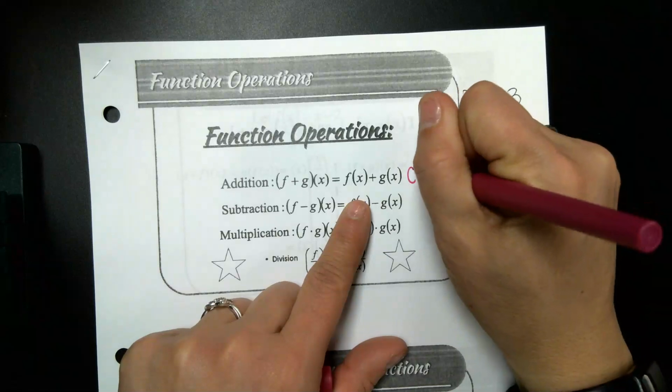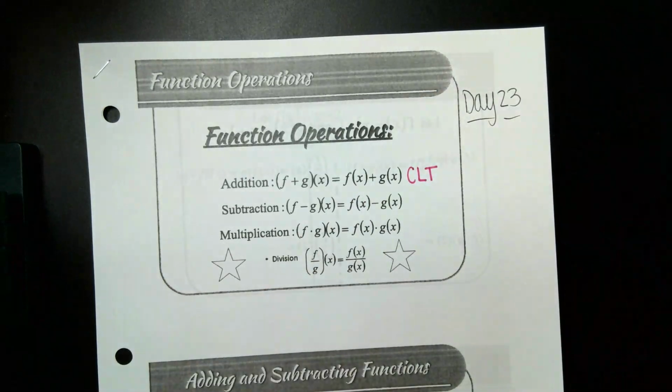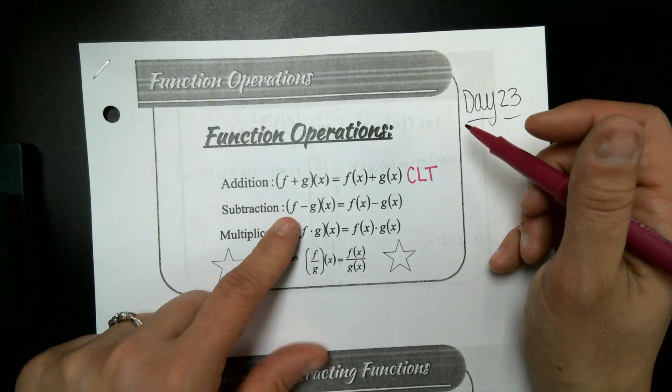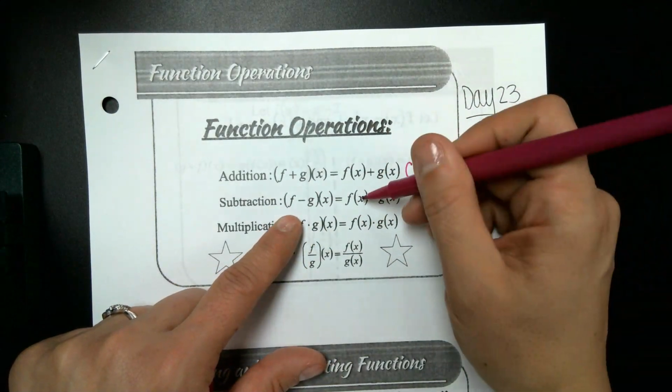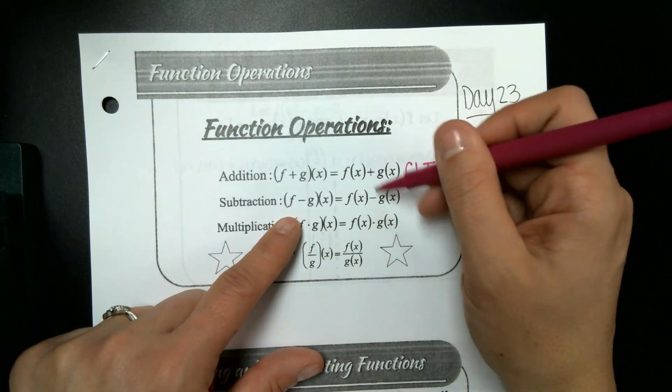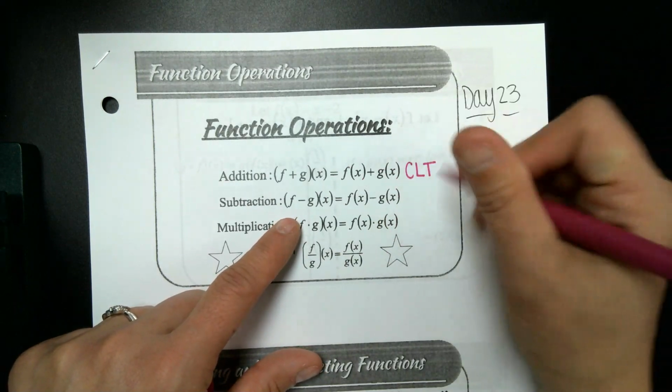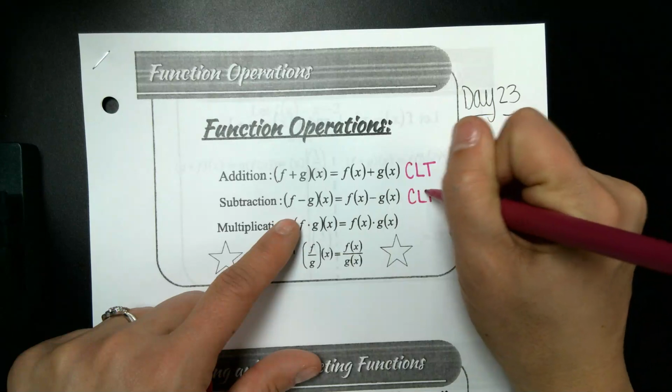So all this is combining like terms, which we have done lots of. Subtraction: they have f minus g of x. All that means is take function f and subtract function g from it. Again, that is combining like terms.